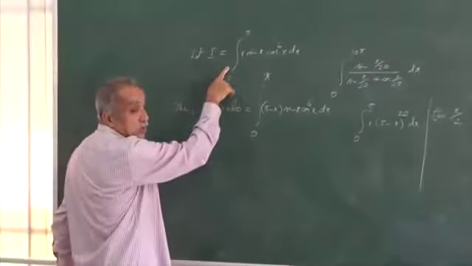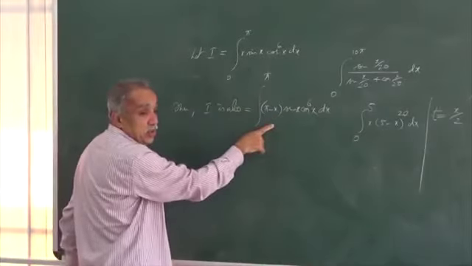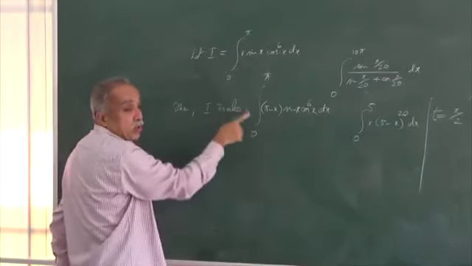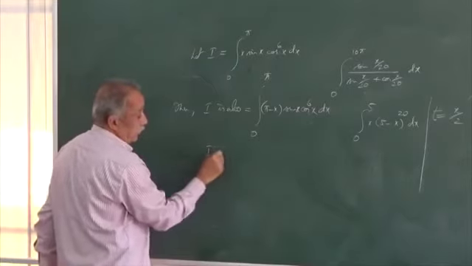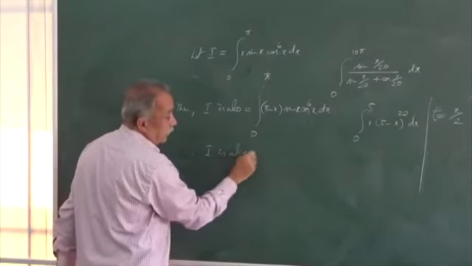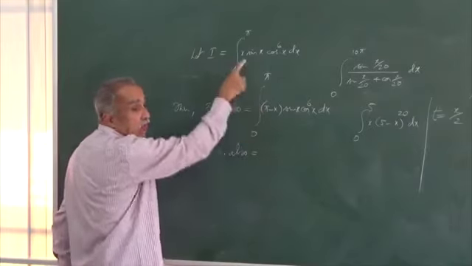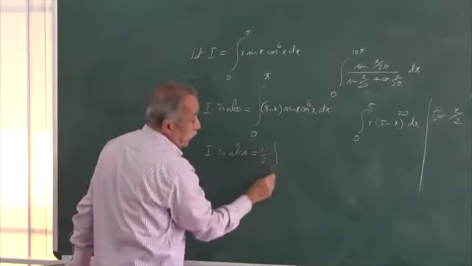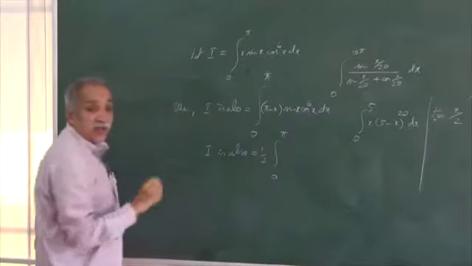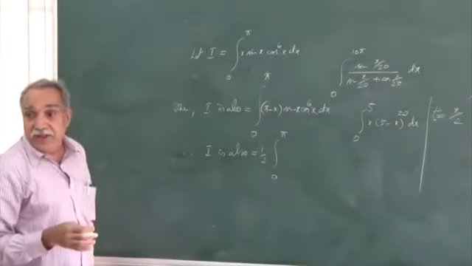I is equal to this much, is also equal to this. Suppose you add these two, what do you get? Call this I1, call this I2. What is half of I1 plus I2? Because the limits are the same, as it is you can add the integrands.